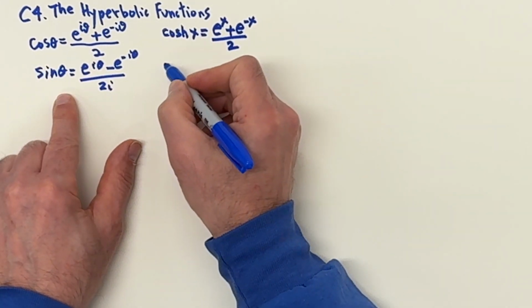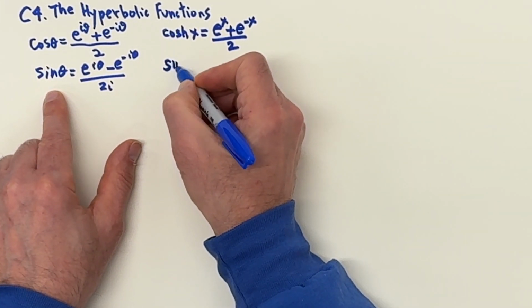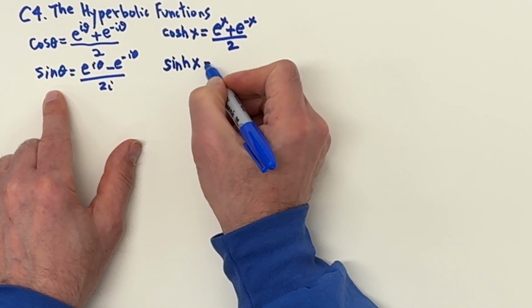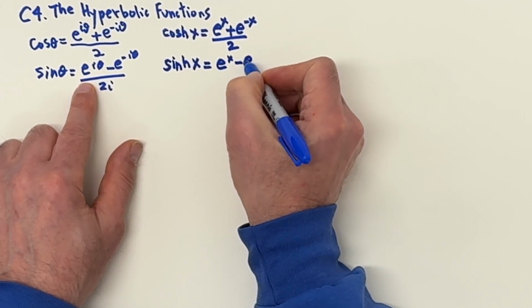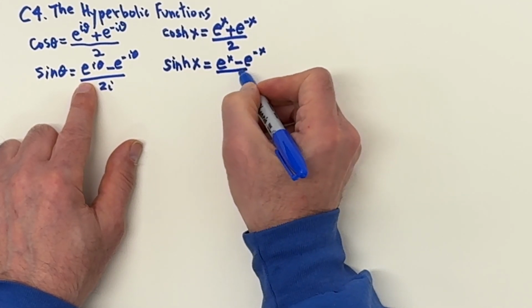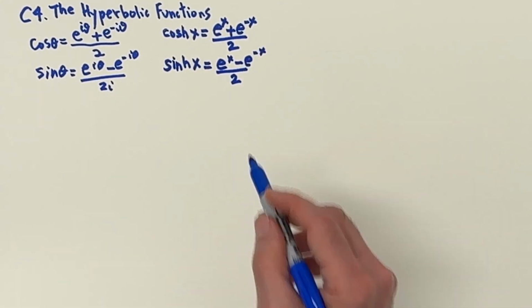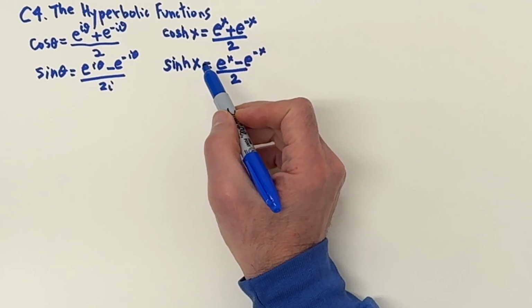And then for the analogous function for the sine, we're going to say hyperbolic sine, or the sinh of x, is e to the x minus e to the minus x over 2. So we're going to throw that i away. These are the new definitions for new functions, the cosh and the sinh.